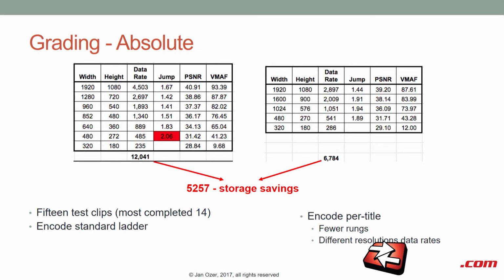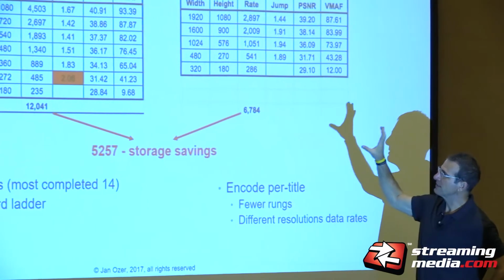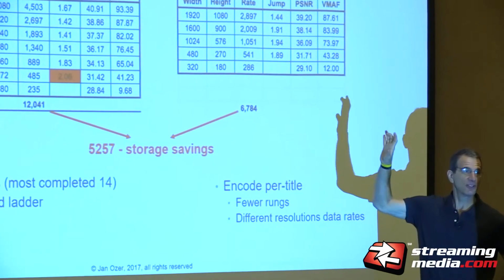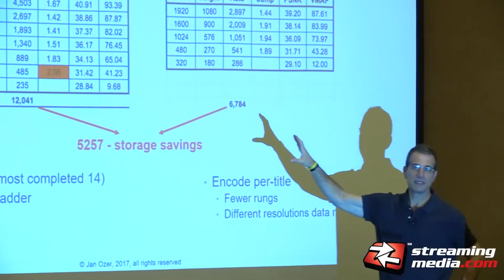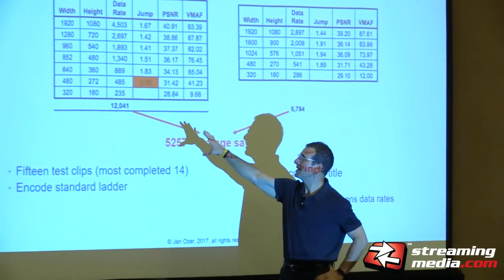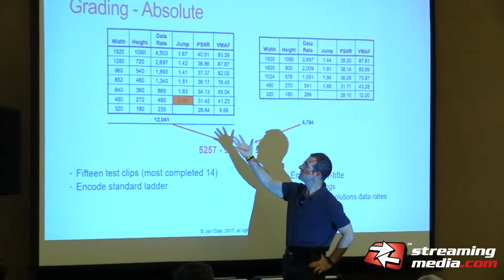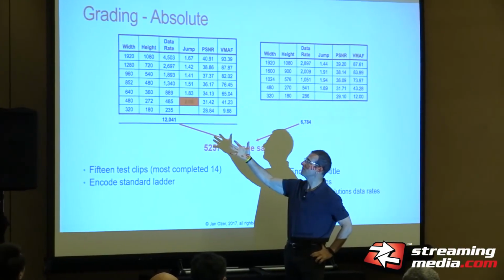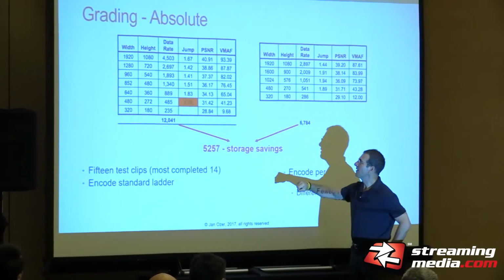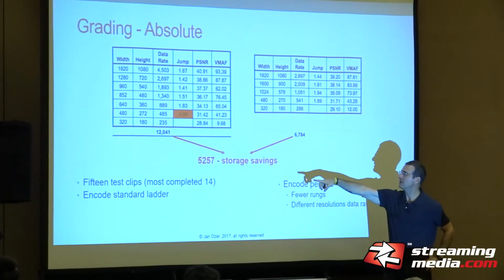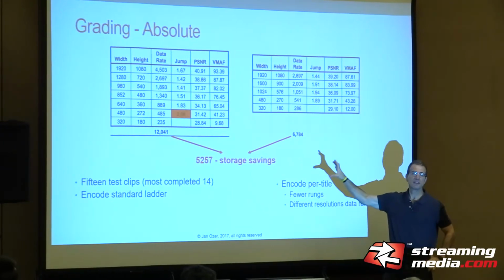So this is a technology that not only can change the data rate, it can also reduce the number of rungs in the encoding ladder. So what we see here is the absolute savings for storage associated with this technology. With the fixed bitrate ladder, here we produced 12 megabits per second of files for this particular file, and here we produce 6. So we have 52, 57 percent storage savings for this file.